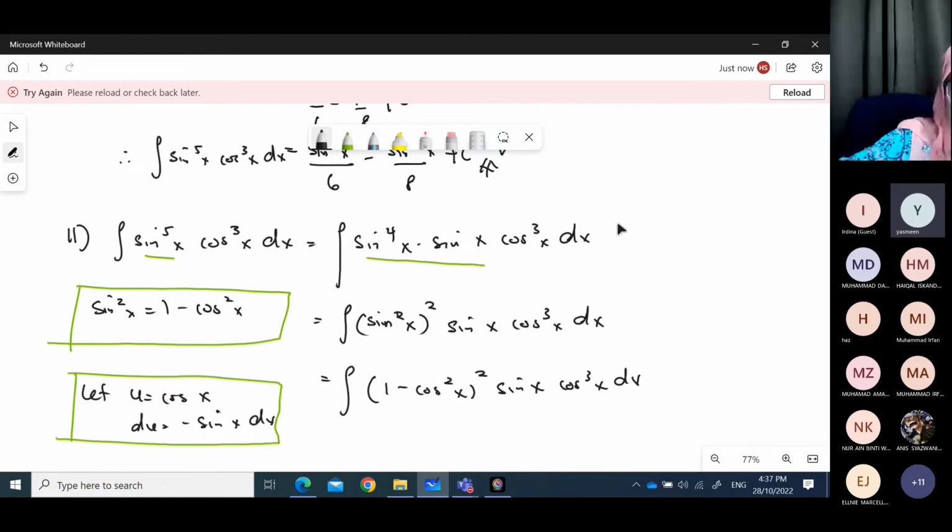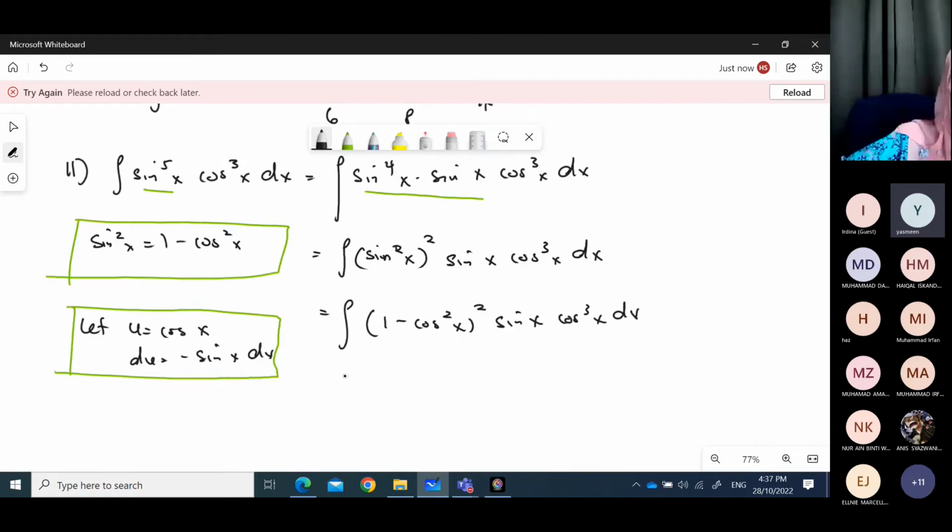And then here we have integral 1 minus u squared, the whole thing to the power of 2. And u to the power of 3 for cosine. So sine dx is a negative du. Bawa negatif kat sebelah. And then yang kat dalam u expand.